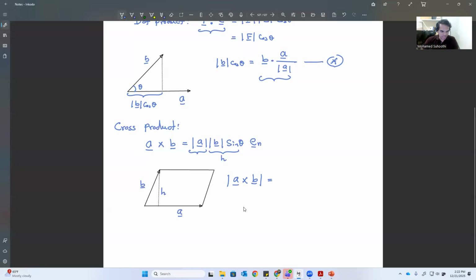If I consider just the magnitude, that means the magnitude of A cross B equals vector A, which is the base, multiplied by the height H. Base into height is the area of this parallelogram.